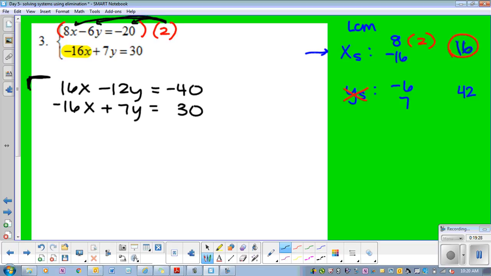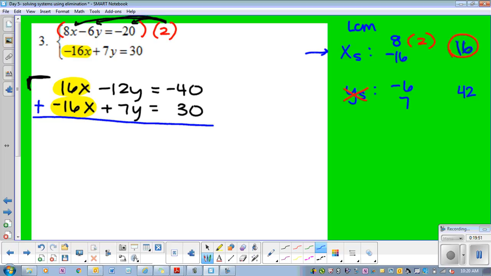Okay? And then now, look at that. My x's, they have the same number. One's positive and one's negative, yes? So now, once we get that, we need to add the 2 together. Add everything.